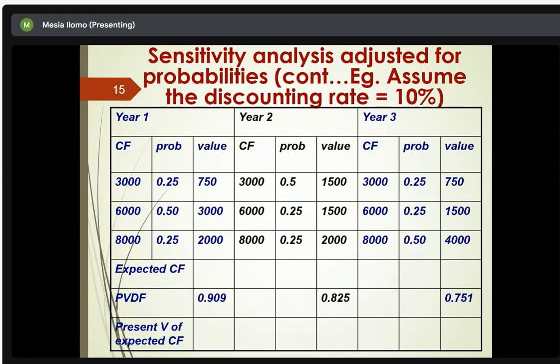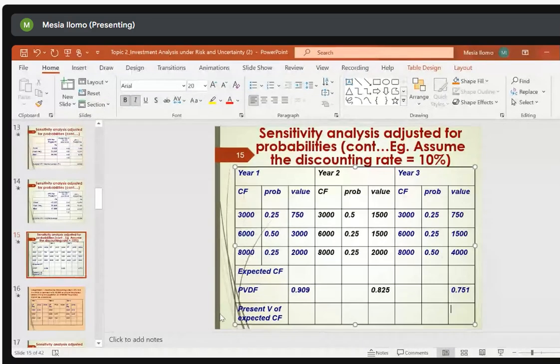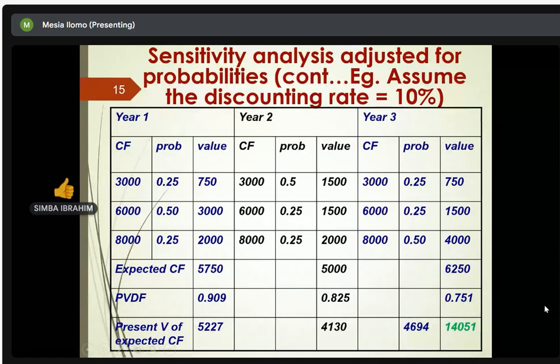And I suppose that is what you have been mentioning, right? Yes, which is 14,051. Okay, so I assume that this is what you got, right?